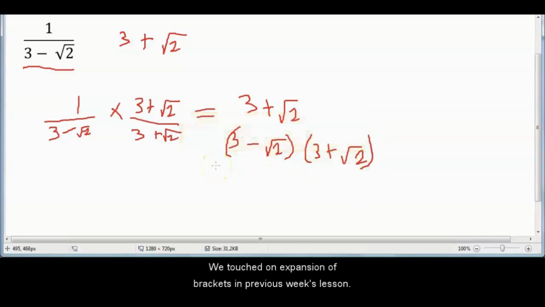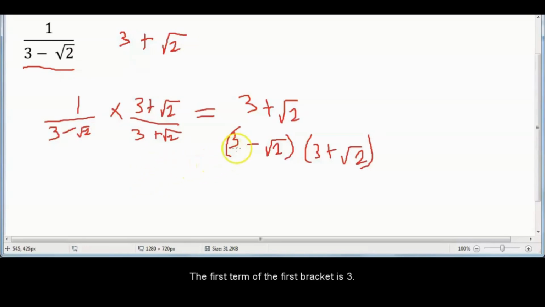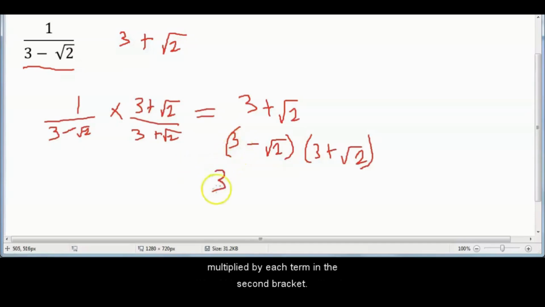We touched on expansion of brackets in previous week's lesson. If you are still not familiar with it, you have to go back and take another look at it. In expansion, you multiply the first term of the first bracket by each term inside the second bracket. So the first term of the first bracket is 3, multiplied by each term in the second bracket, 3 plus root 2.